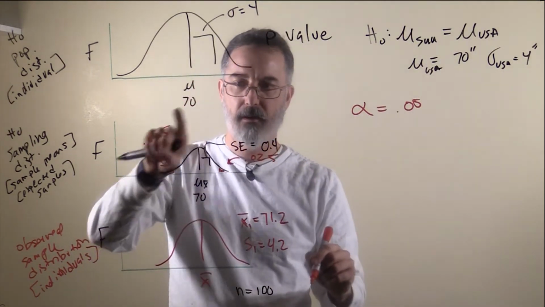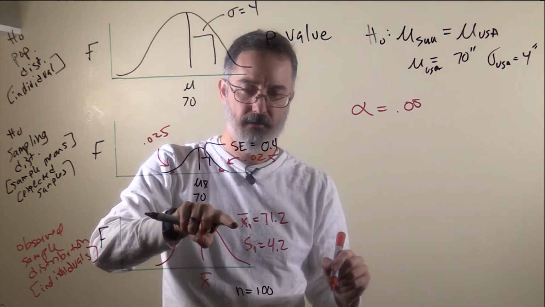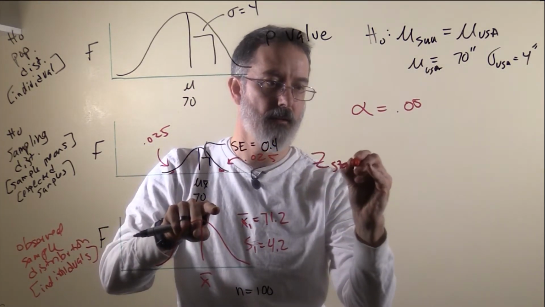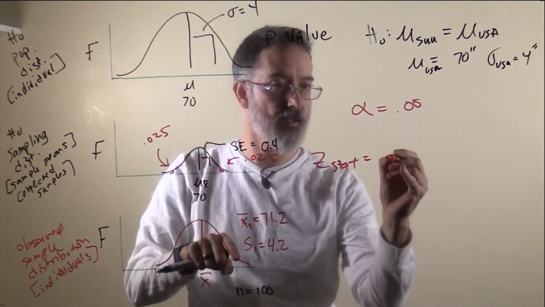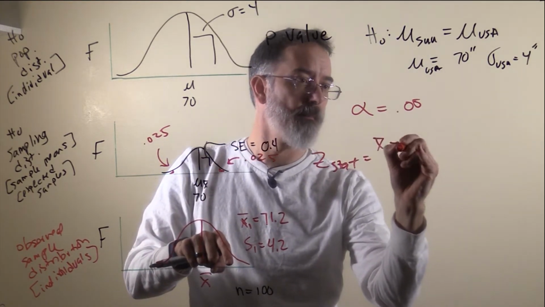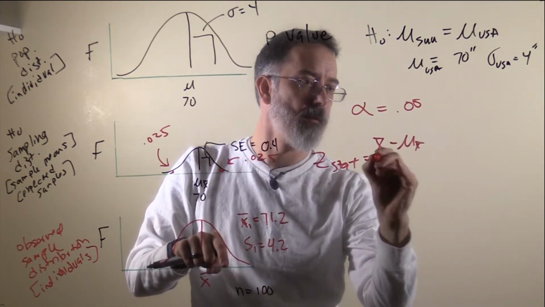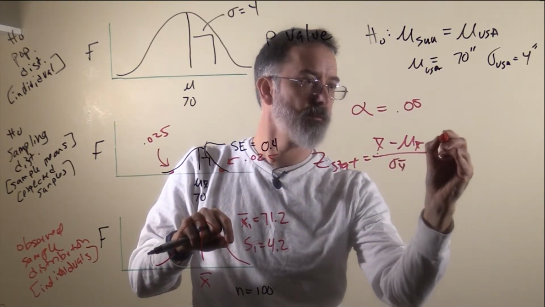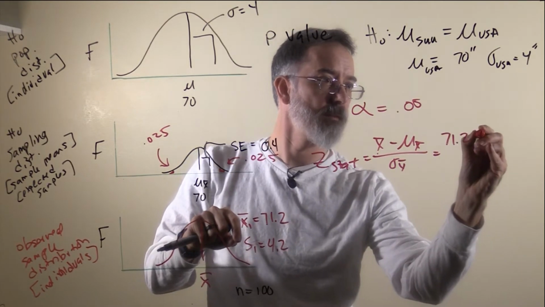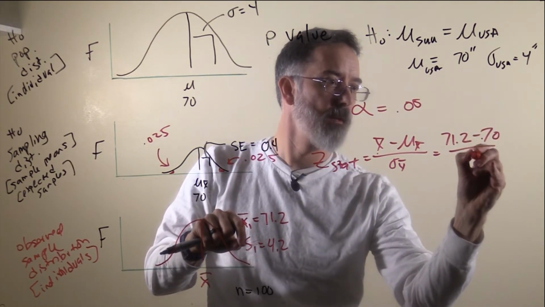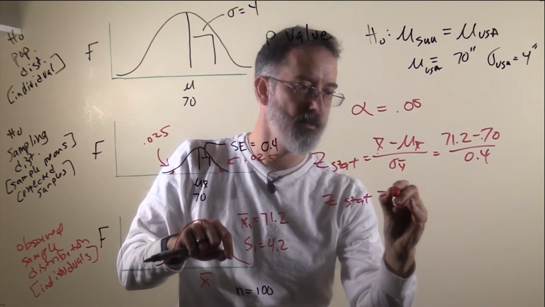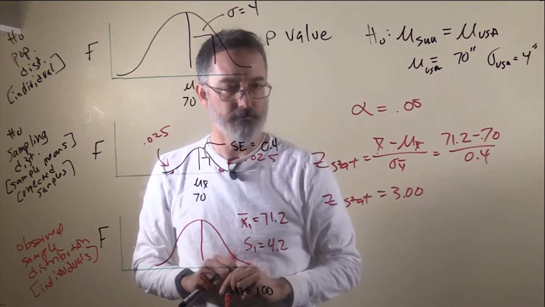So we need to get our z-score of this mean on this distribution, right? That's a z-statistic, right? So this is the exact same start as the last approach for the critical region. So we got 71.2 minus 70 divided by 0.4. So our z-statistic equals 3.00.